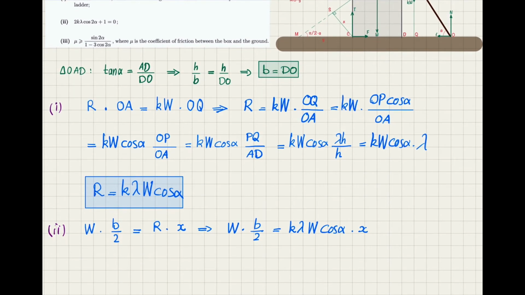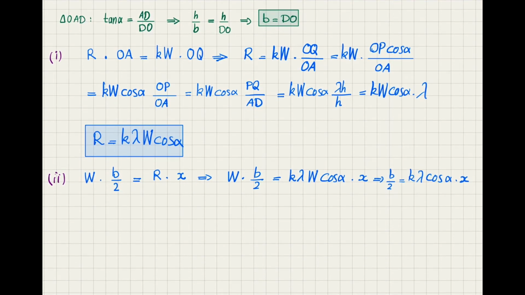But then it's immediately clear that I can simplify these two W's, and if I also multiply it by 2 over B, let me do it step by step. So first I simplify W's. What is left for me is B over 2 is equal to K lambda cosine alpha times X. Okay, and then I multiply both sides by 2 over B. So what happens? It becomes 1 is equal to 2K lambda cosine alpha X over B.